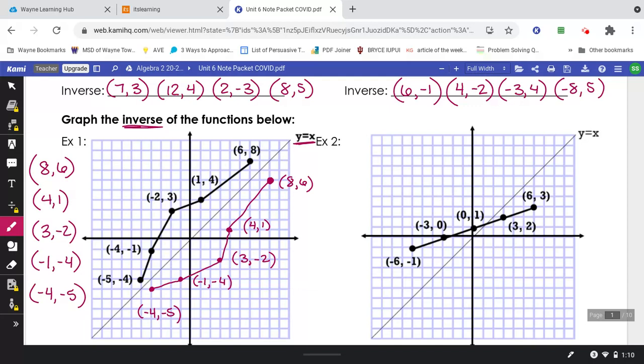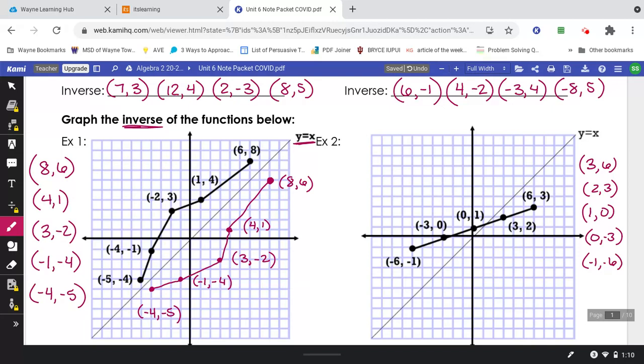I'm going to make a list of the points that I'm going to plot. 3, 6, 2, 3, 1, 0, 0, negative 3, and negative 1, negative 6. And we'll just go ahead and plot each of those.